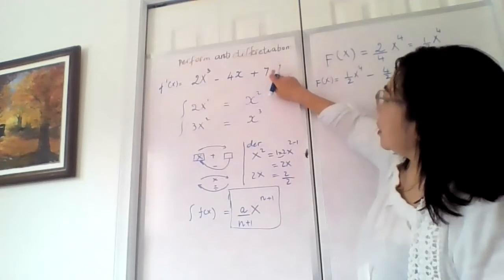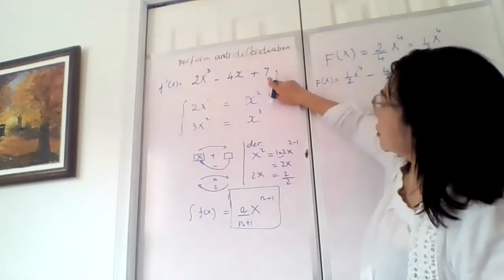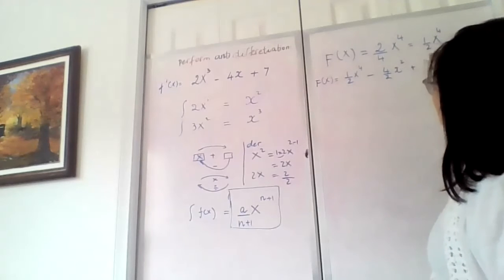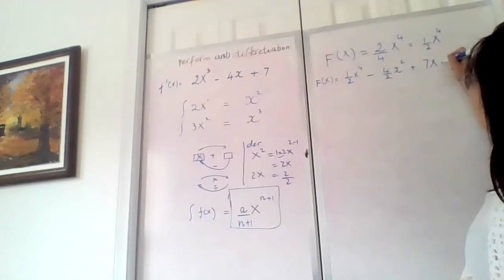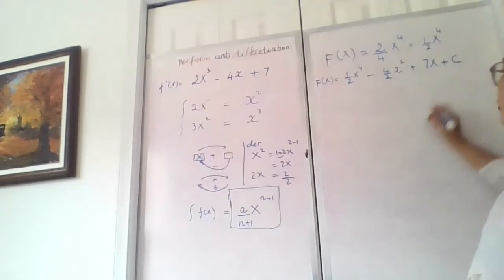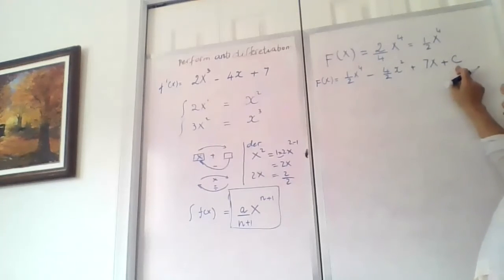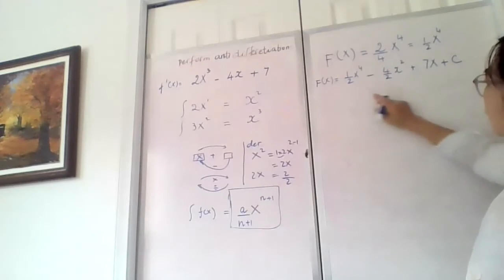The rule here says that if we have a constant, it will add to an x. So 7x plus c. Remember this constant c is because we don't know what happened to the original function.